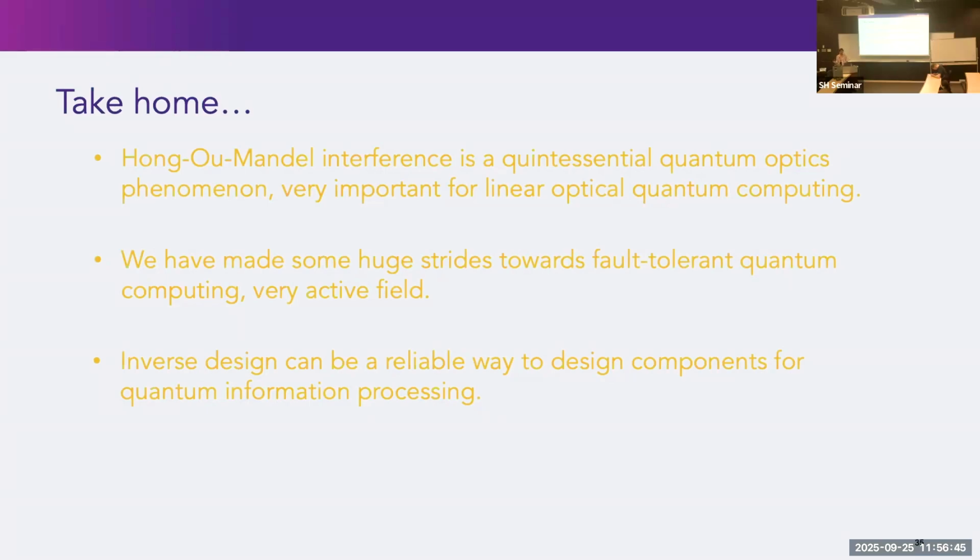I don't know. So what we've done recently is work with researchers from Singapore, at NTU and NUS, quantum machine learning people. I don't show the results here, but what we did was inverse design multiplexers, lots and lots of them.